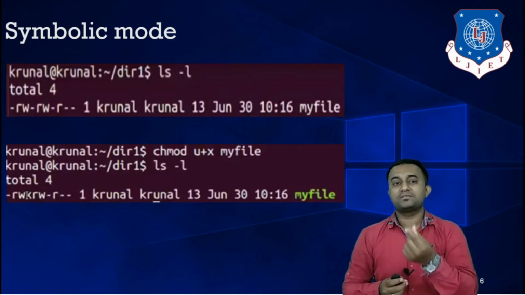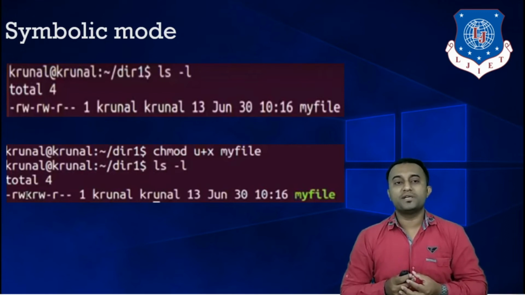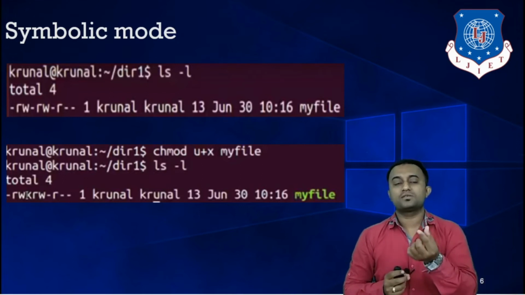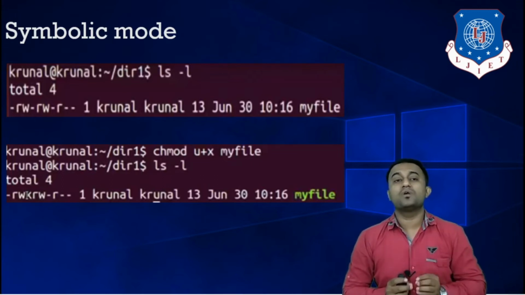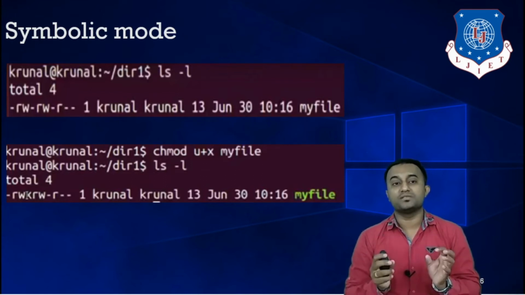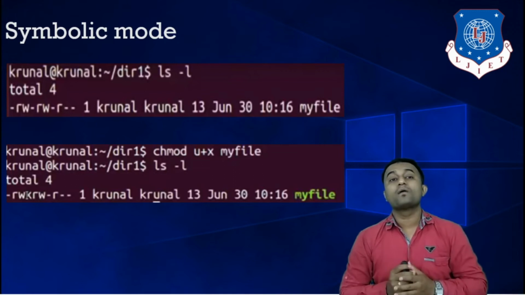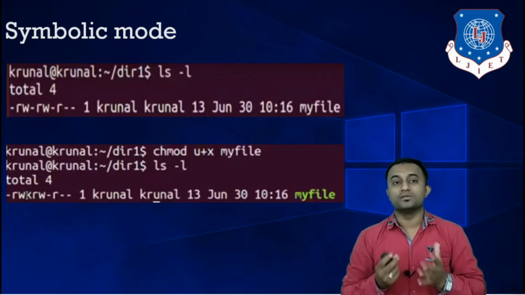And the last 3 characters, r--, represent the other users. So the first group is the user group, the second is the group of users, and the third one is others. These are the various permissions for different types of users: one is owner or user, second is group of users, and third is for others.